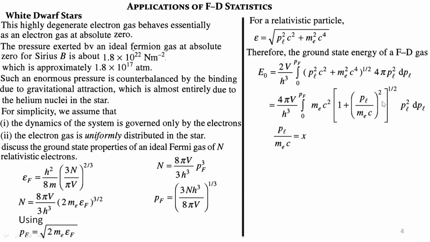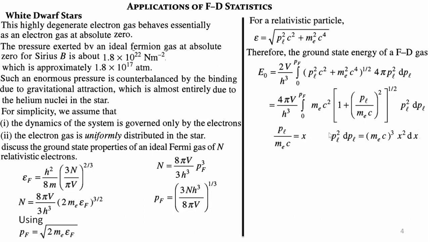So fine. Let us see. Let us now make a substitution for this PL over ME into C to be X. So we're just trying to do a change of variable so that we can write P square dP. From here you can say okay, P is this, and what will be dP? dP is equal to ME into C times dx.